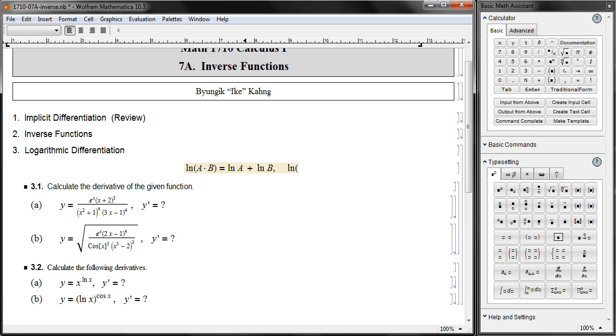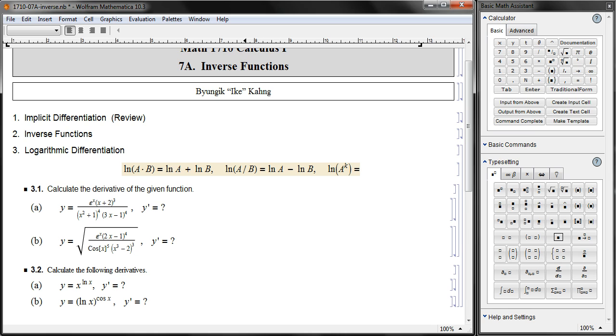Log of a divided by b is log of a minus log of b, and that's the second log rule. And finally, log of a to the certain k power is the same as k times log of a. That's the third log rule.